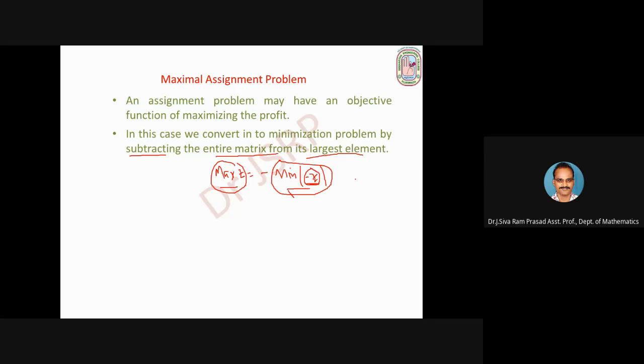If we add 10 to each entry, then each entry becomes greater than or equal to 0. So adding the largest element to the entries of the matrix containing negative signs, in other words, subtract each entry from the largest element of the matrix. That is the way to convert a maximal assignment problem or maximal transportation problem to a minimization problem.